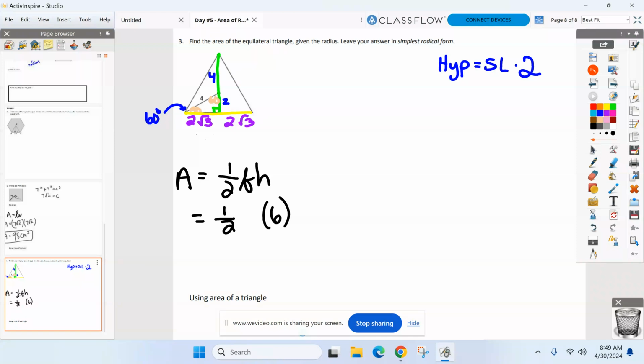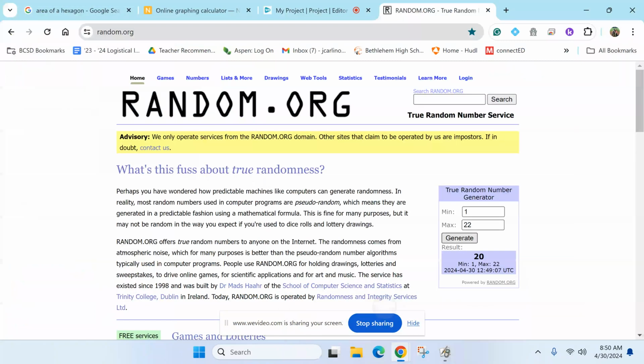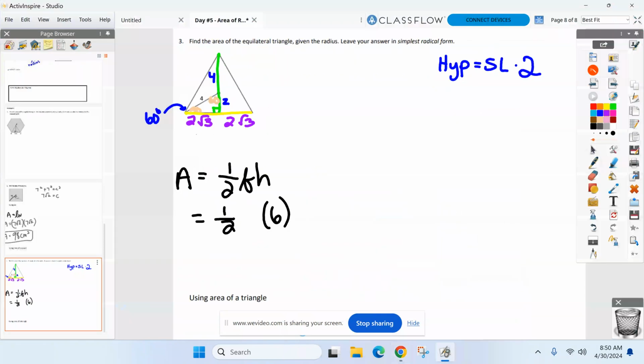So somebody's going to find the whole base for me now, so I can plug it into my formula. What's the whole base length then, as you guys calculate there? Lily? 4 radical 3, good work. And what's it say?